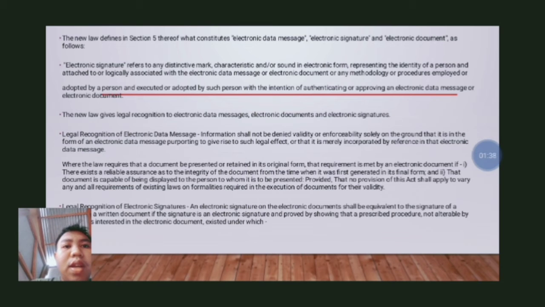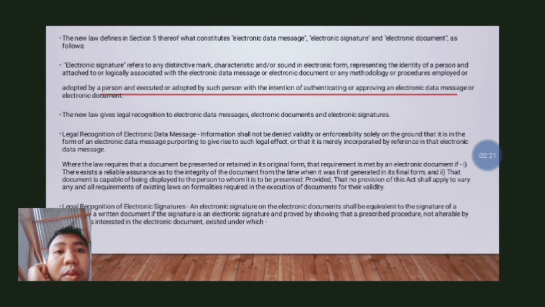An electronic signature refers to any distinctive mark, characteristic, and/or sound in electronic form representing the identity of a person, attached to or logically associated with the electronic data message or electronic document, and the methodology or procedure employed or adopted by such person with the intention of authenticating or approving an electronic data message and electronic document.